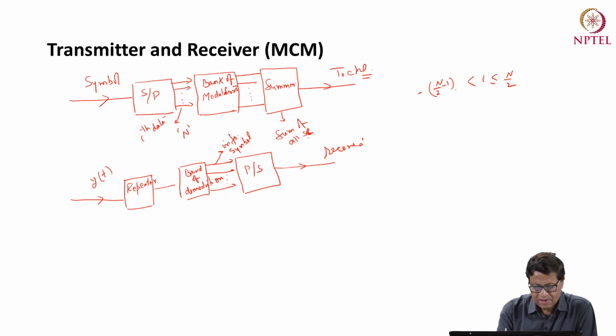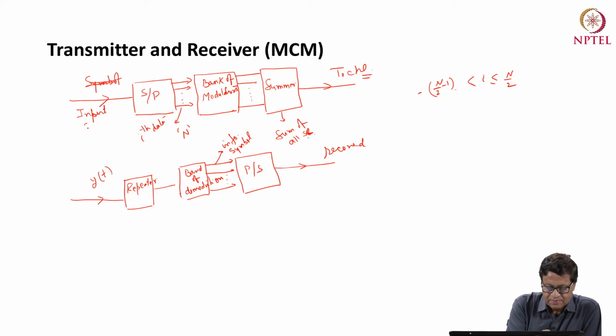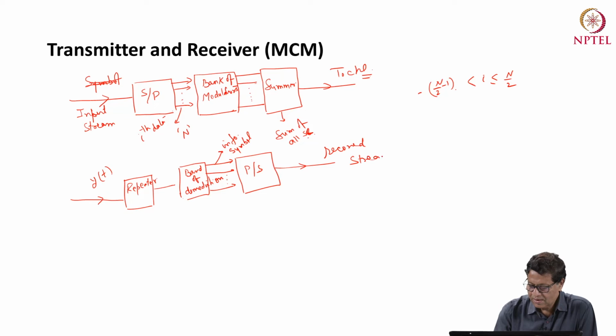So this was the input stream, and this is the recovered stream. So this is how a typical block diagram of a transmitter and receiver of MCM looks.